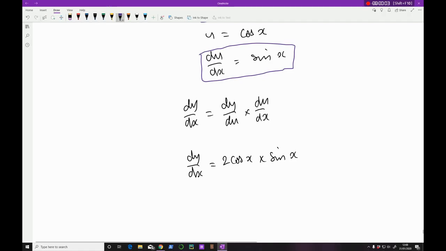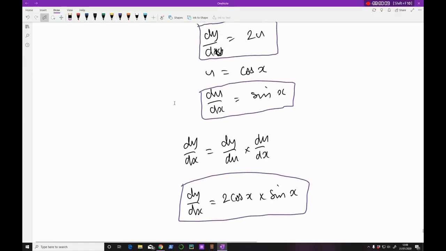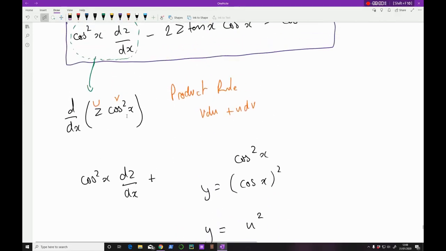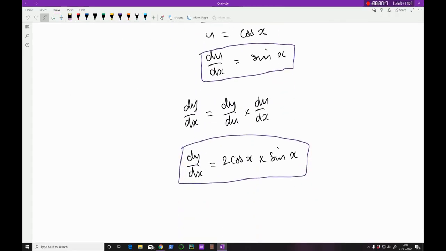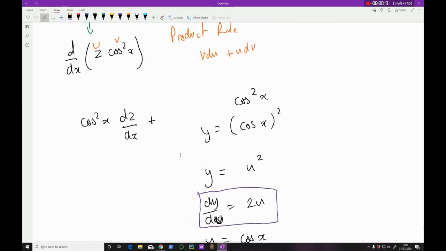So this is actually correct. I had to step out for a minute or so just to make sure that I knew what I was doing. So the differential of v is going to be 2 cos x times sine x.